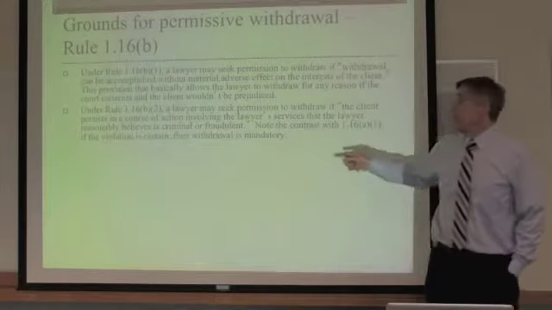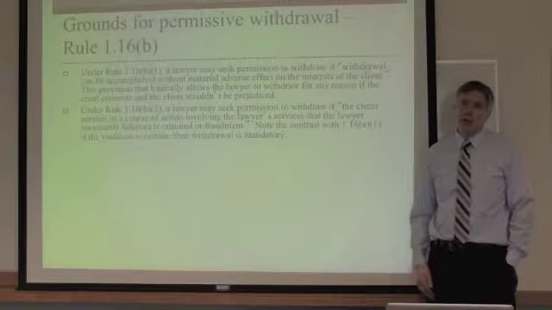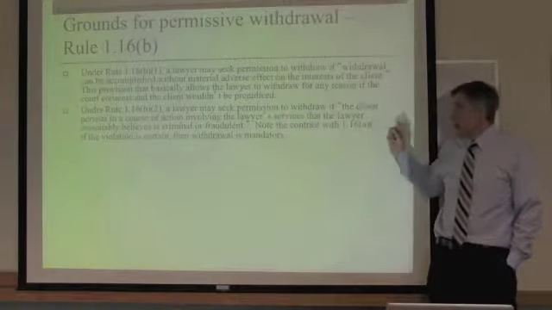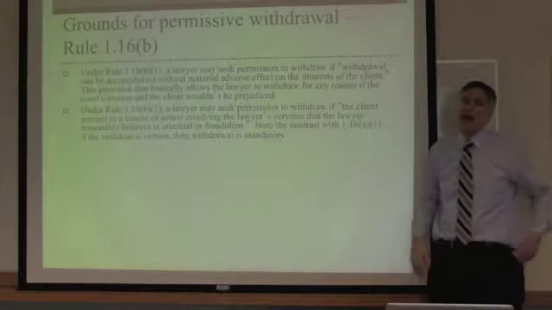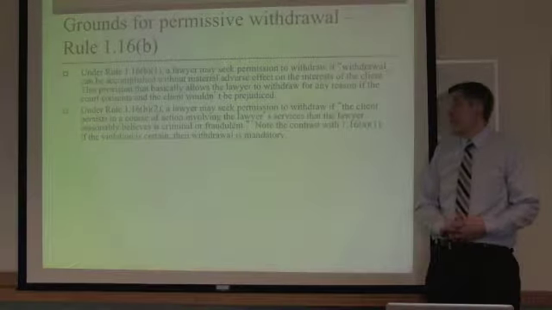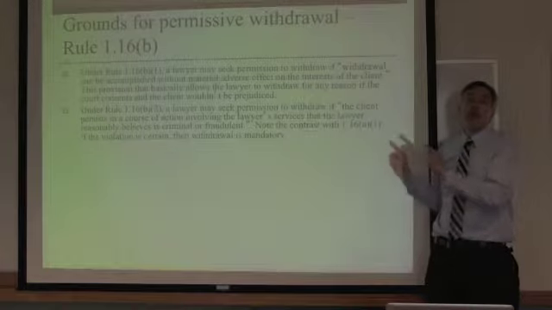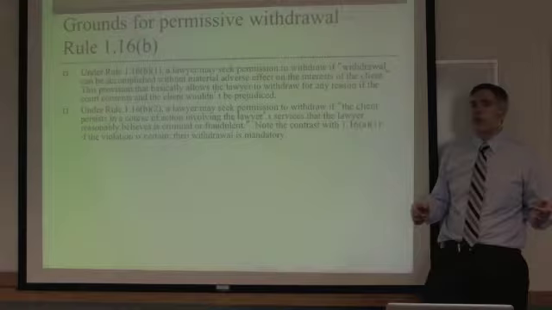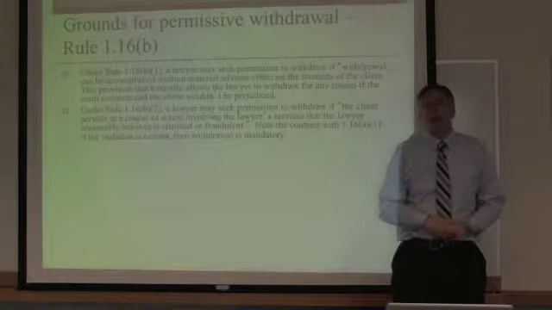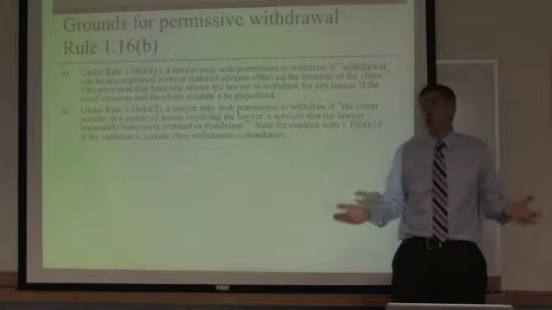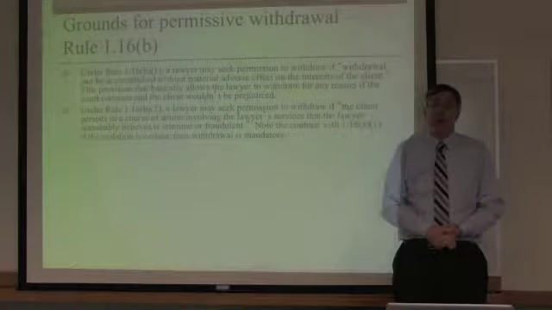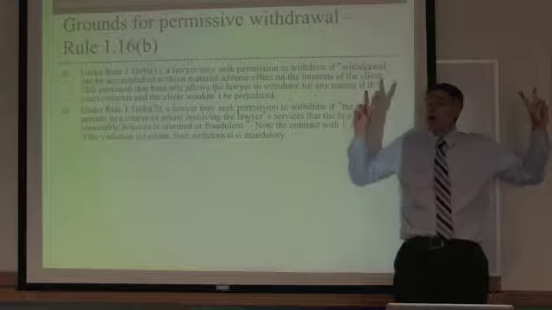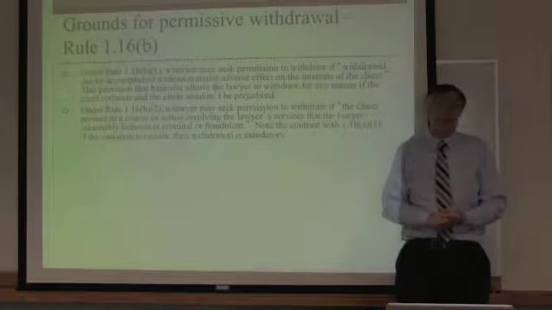Okay, under 1.16(b)(2), a lawyer can seek permission but won't necessarily get it to withdraw if the client persists in a course of action involving the lawyer's services that the lawyer reasonably believes is criminal or fraudulent. Doesn't that seem a lot like the language we saw in 3.3(a)(3) that says that most lawyers can veto client testimony or any witness's testimony if the lawyer reasonably believes that testimony will be false?